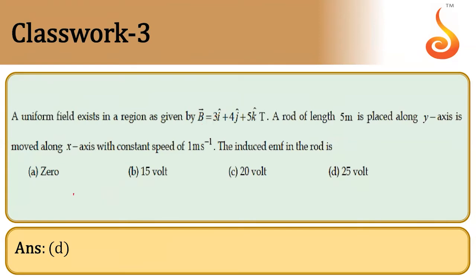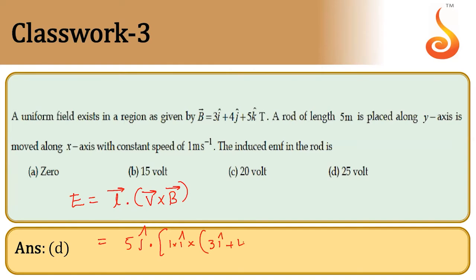So induced EMF is E equal to L dot V cross B. This formula. L is along y-axis, so 5j cap dot V, which is along x-axis, so 1 into i cap, cross B, which is 3i cap plus 4j cap plus 5k cap.